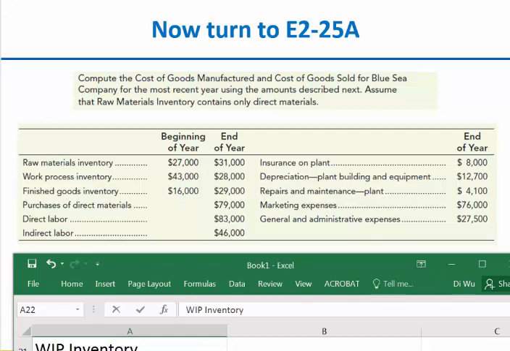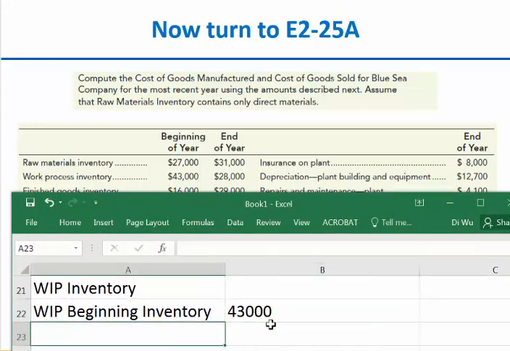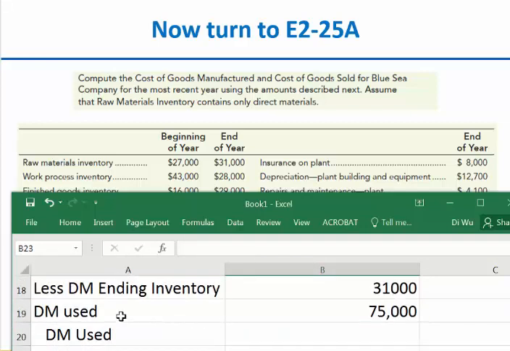So I'm going to start with the WIP beginning inventory balance. What I have here is 43,000. Next I'm going to look at the direct materials used. That's available because we have just found this value, which is 75,000.